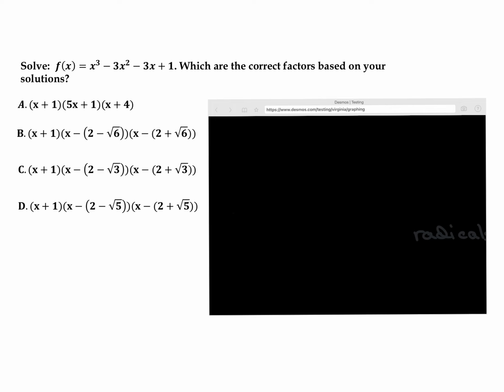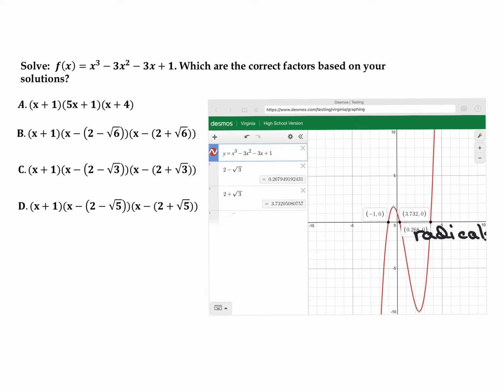I'm going to type in the parentheses, the second part of the radical, which is going to be 2 plus the square root of 3. And when I do that, I get 3.732. And when I click on that x-intercept, it gives me that same decimal. So my answer in this particular problem should have been answer C.